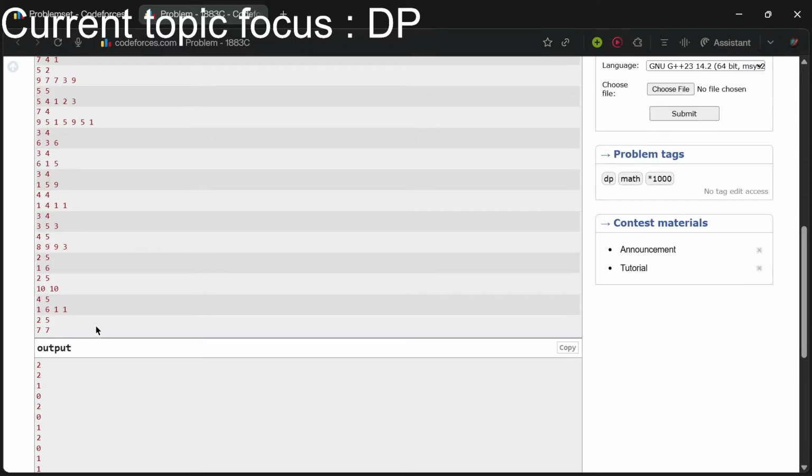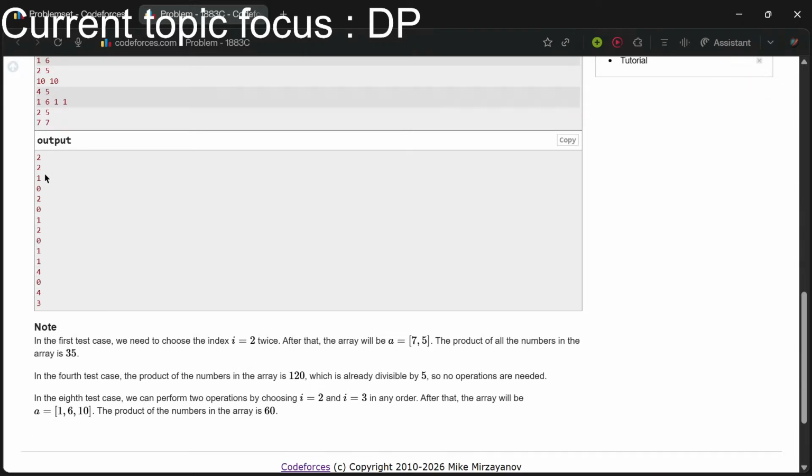So the output doesn't really cross 5, is what I'm seeing.